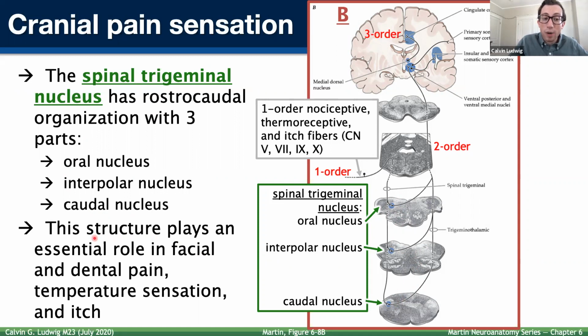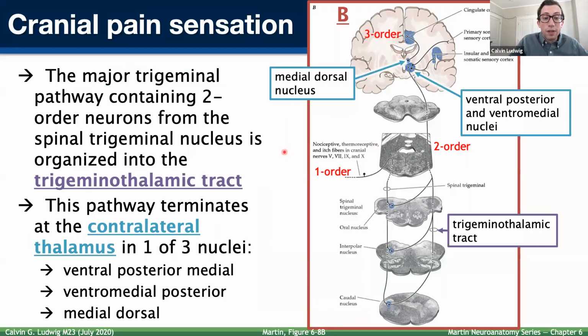This structure, the spinal trigeminal nucleus, plays an essential role in facial and dental pain, temperature, sensation, and itch, like I mentioned. Now, moving along up, the major trigeminal pathway containing second order neurons from the spinal trigeminal nucleus is organized into the trigeminothalamic tract here in purple.